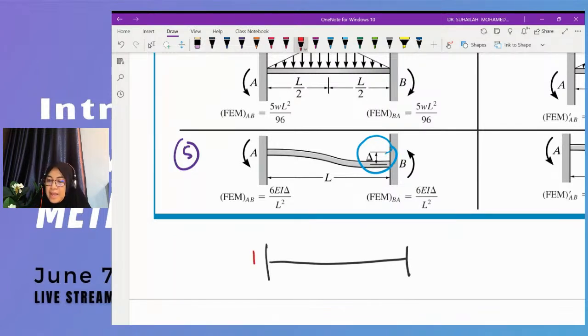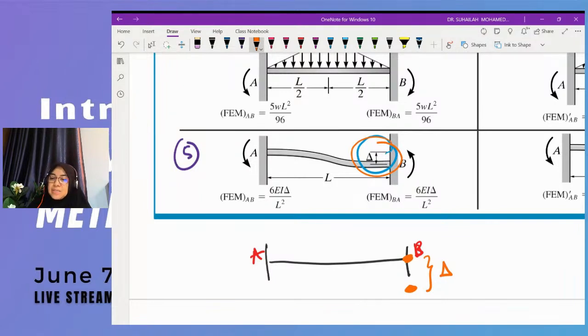So we have A and B, and let's say B is settled. B is settled means there is a delta. B moves from this position to a new position, and this is delta.